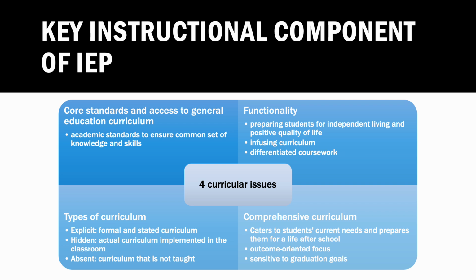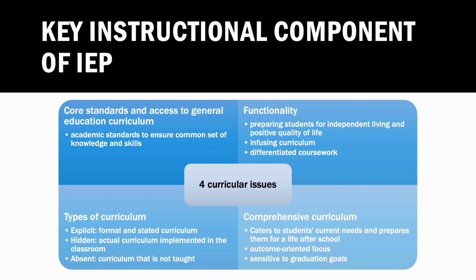Also ensuring consistency with their transitional needs, and remaining sensitive to graduation goals and specific diploma track requirements. Depending on what their diploma track is, that does involve different requirements, so we have to be sensitive to what those are.